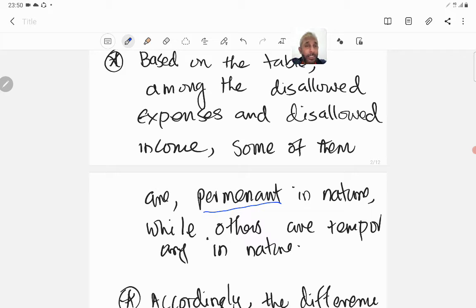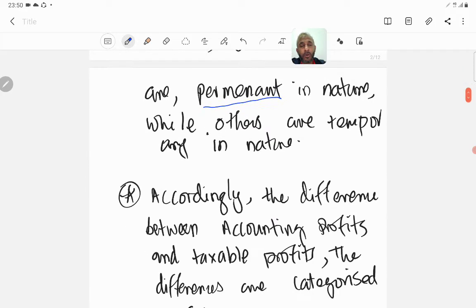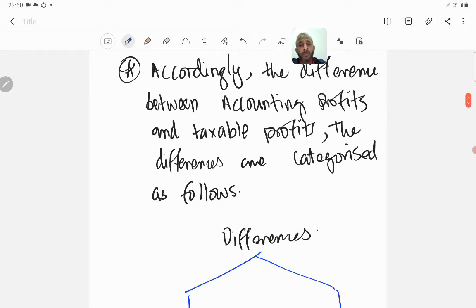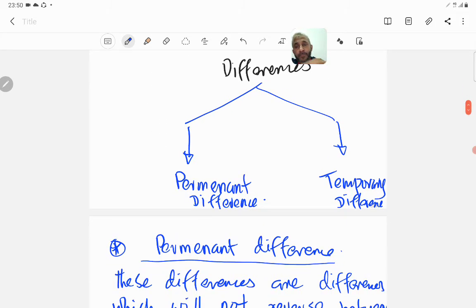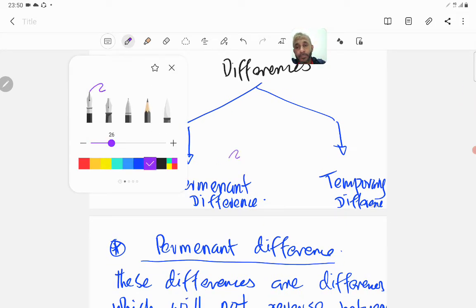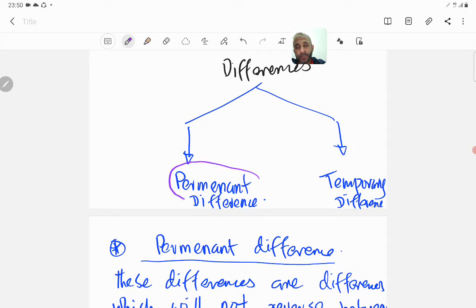So in this situation, these types of items are known as temporary differences. Accordingly, the differences between accounting profits and taxable profits are categorized as follows. One is known as permanent difference, which I have just discussed. The other one is known as temporary differences.